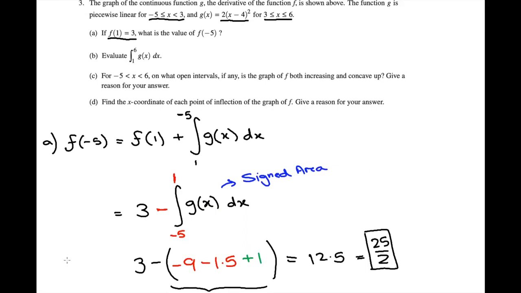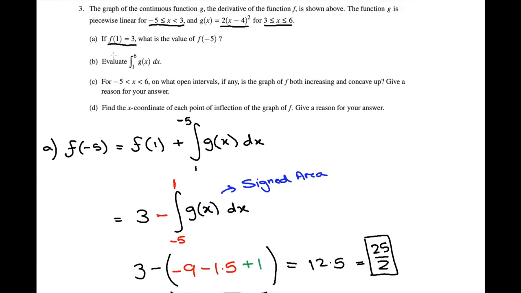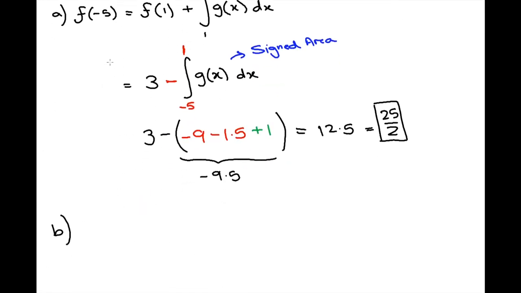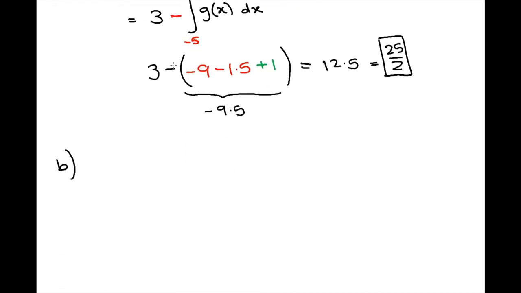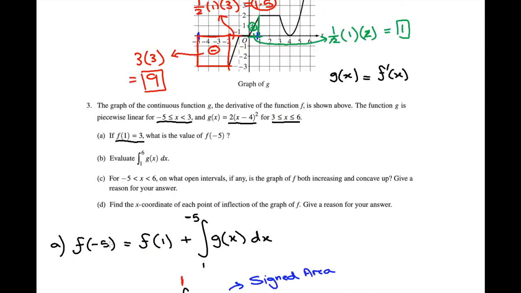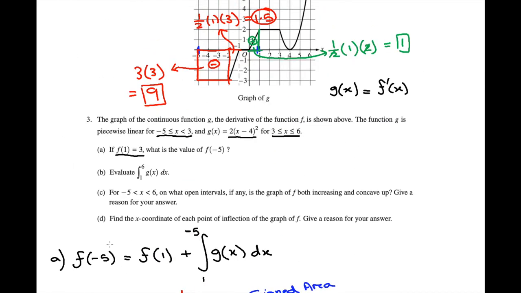Okay. Part B, we're now being asked to evaluate the integral from 1 to 6 of g of x dx. Very similar to what we did up here. So let's go back up and see what exactly g of x is for that interval. Now there's something interesting that happens here.